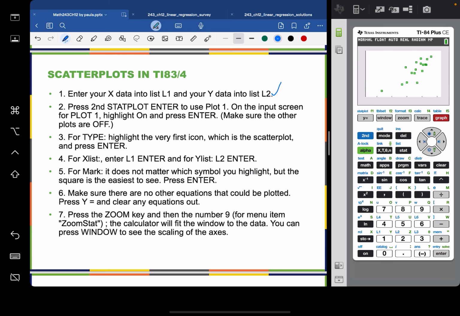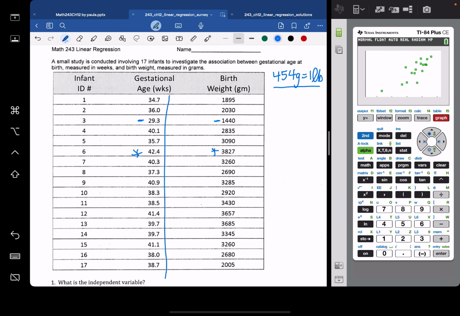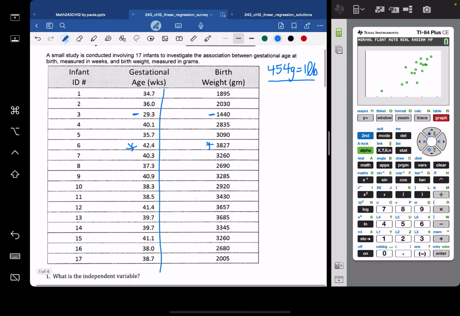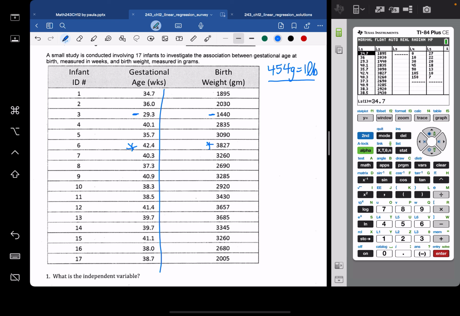And I'm going to go back to my questions here. One thing I thought of doing back in the stat edit was to go into L3, which I left blank for this purpose, and just say I want that to be L2 divided by 454. And that gives me the weight of the baby in pounds.